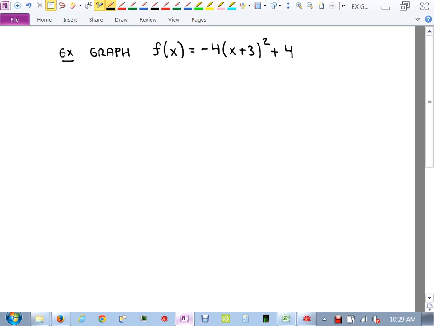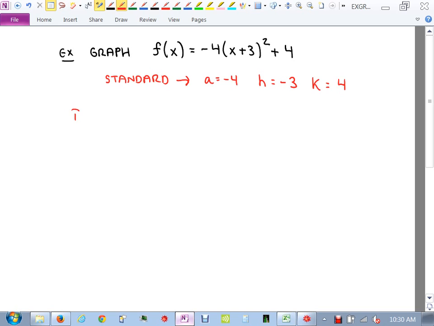All right, first thing, is that a quadratic function? Yes. What form is it in? This is in standard form. Since it's in standard form, why don't you go ahead and tell me what A, H, and K are? Negative 4 for A, H is negative 3, and K is 4. Everyone got that? Okay. Now let's go through the steps.